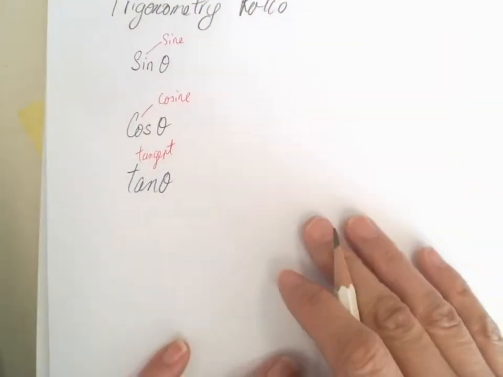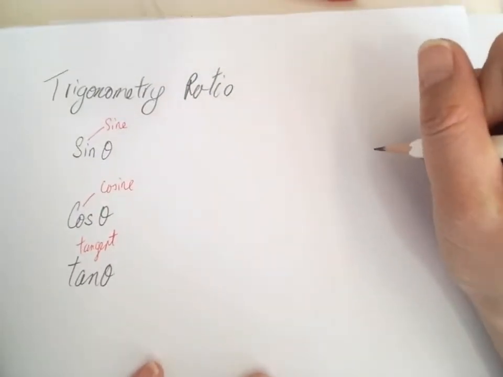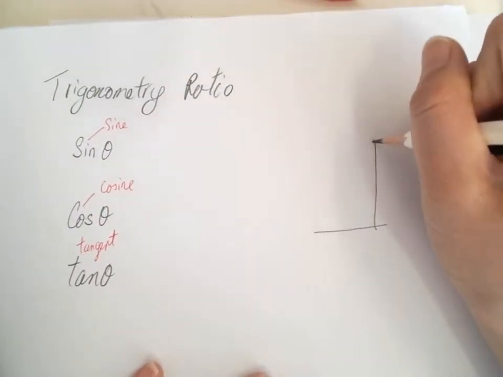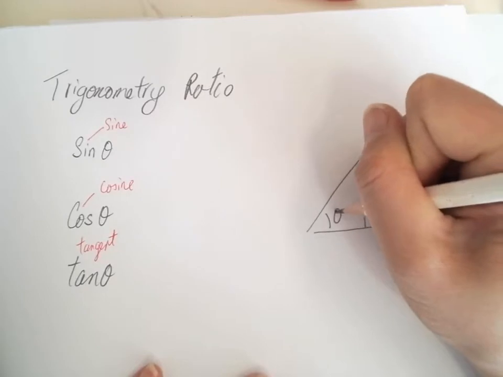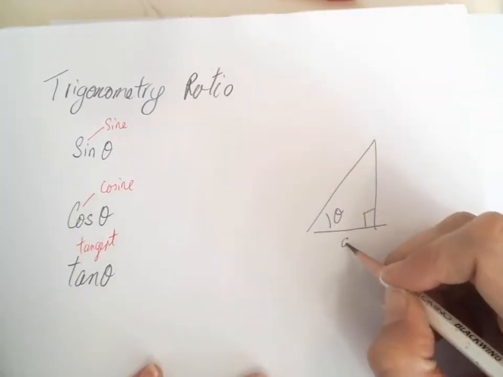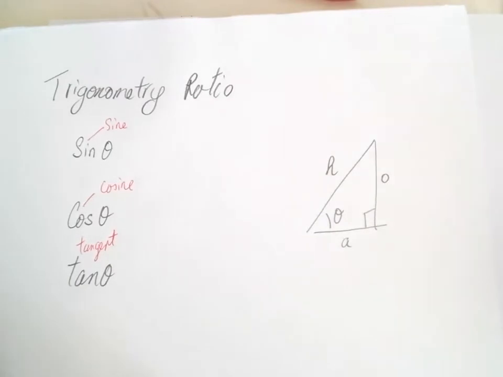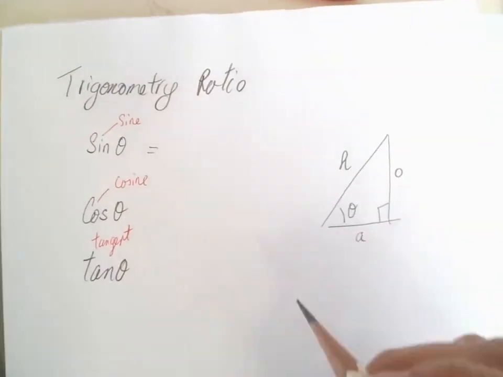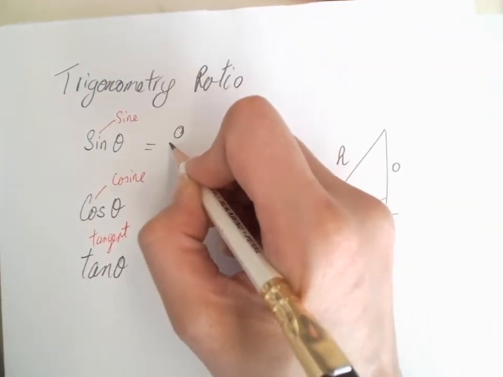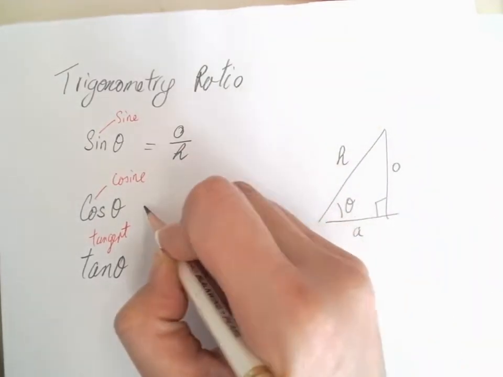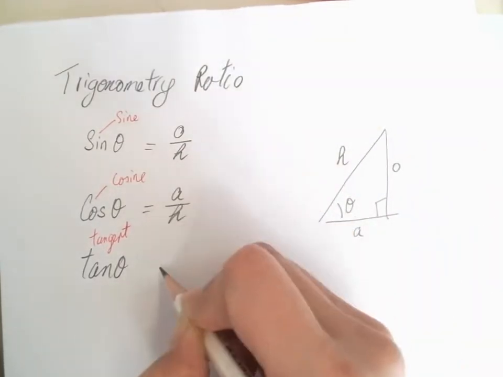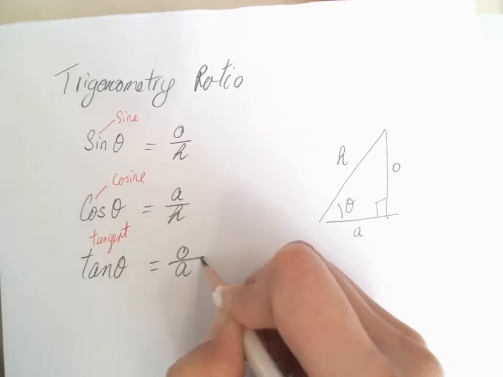So based on the labeling triangle we used the other time, right angle, theta, and then this is AOH. Am I right? So based on this angle, we have the same ratio with it, which is OH, AH, and OA.